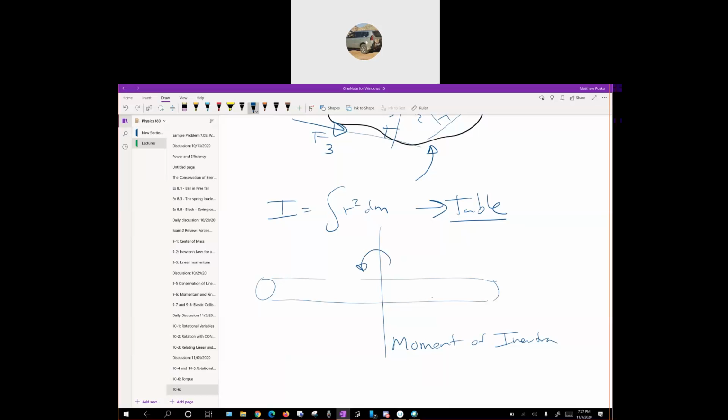Like literally do it right now. I'm doing it right now. And then hold it by the tip over here at the eraser or something, and try to rotate it back and forth now. It's much more difficult to cause it to rotate about the end than it is from the center. And the easiest way to rotate it would be about this center line right there.